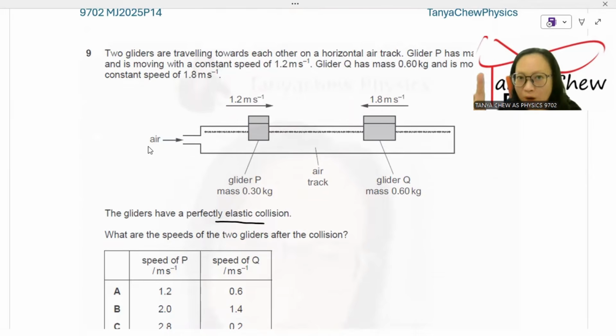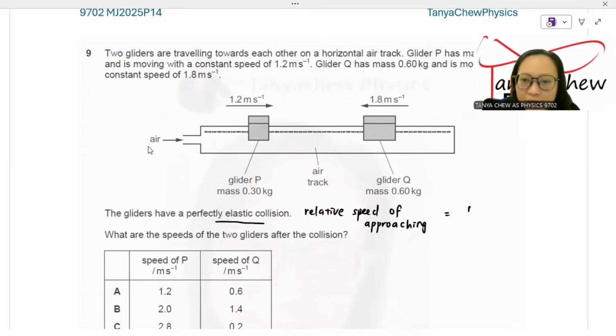I want to teach you one way which does not require any complicated calculations. When you see the words perfectly elastic collision, that also means that the relative speed of approach must be equal to the relative speed of separation.